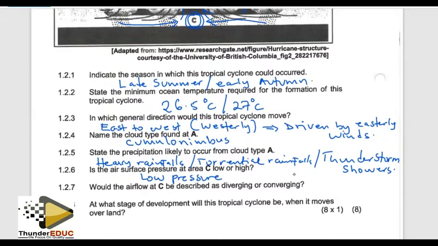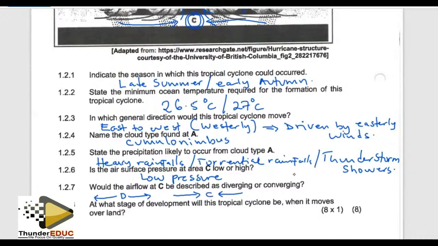1.2.7: would the airflow at C be described as diverging or converging? I think I just explained that one in the previous question. Remember, to diverge is when air moves away, and to converge is when air moves towards the same point.